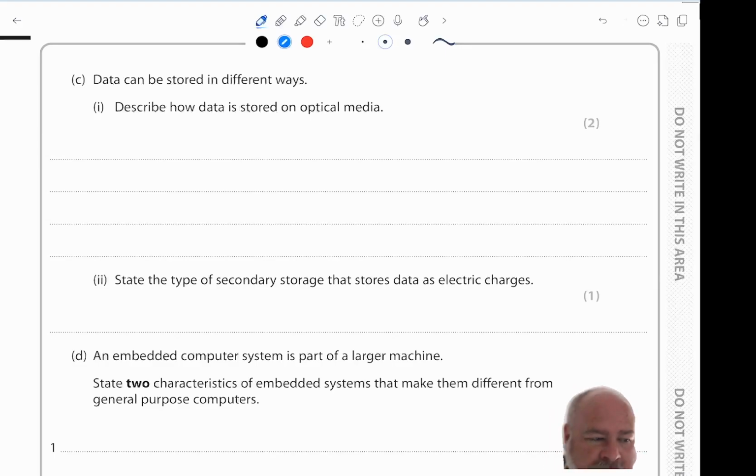Data can be stored in different ways. Describe how data is stored on optical media.